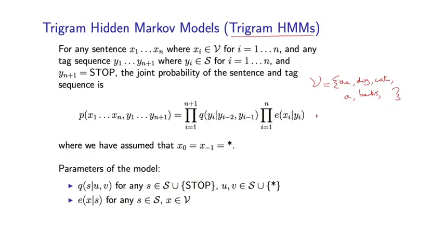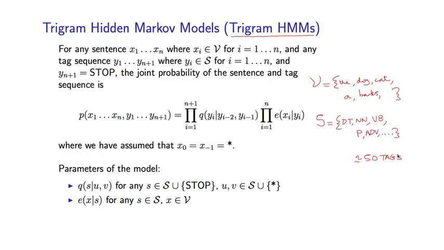And I'll use S to refer to the set of possible tags. So for example, we might have determiner, noun, verb, preposition, adverb, and so on. Typically, by the way, we might have on the order of a few tens of tags. The Wall Street Journal part of speech tagging corpus I referred to earlier had approximately 50 tags. It can vary quite a bit by corpus and language, but that's not a bad estimate.